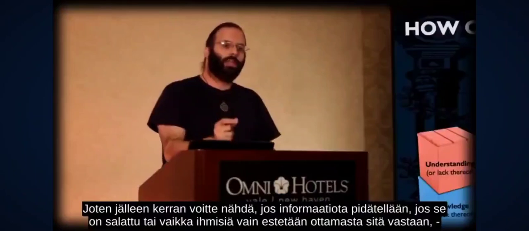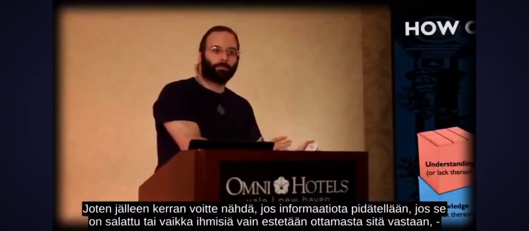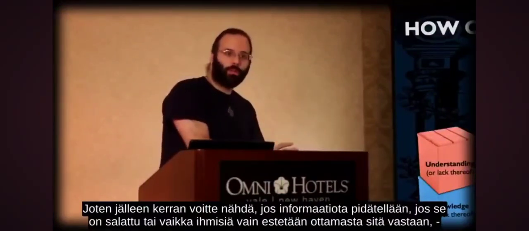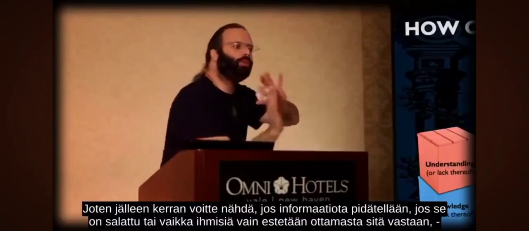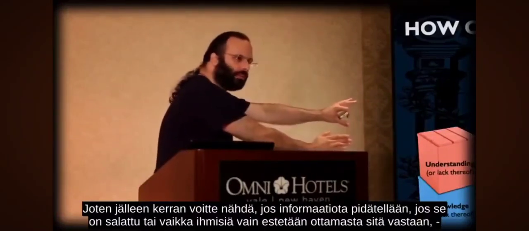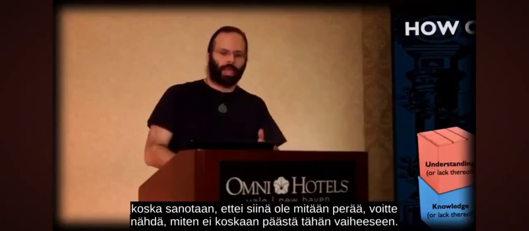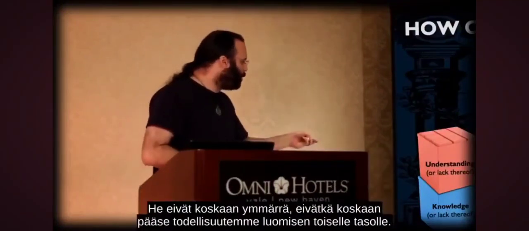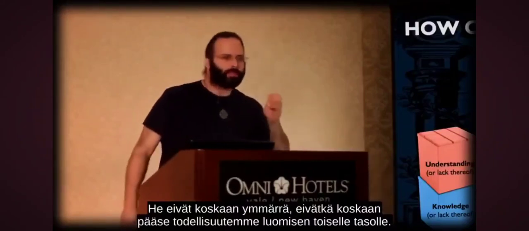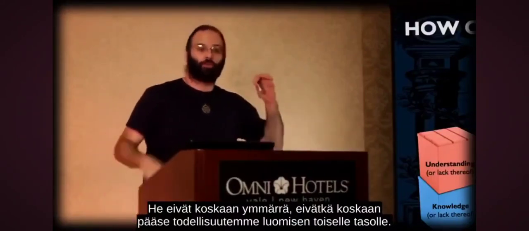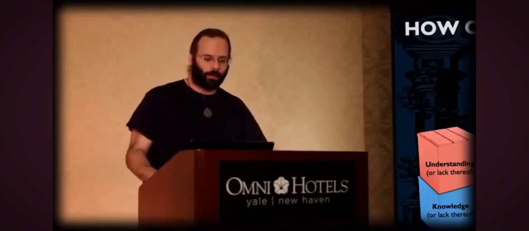So again, you can see if information is held back, if it is occulted, or even if people are dissuaded from taking it in because people will say, no, there's nothing there, there's nothing to it, right? You could see how they'll never get to this step. They'll never understand. They'll never get to the second level of creating our reality, effectively, efficiently.